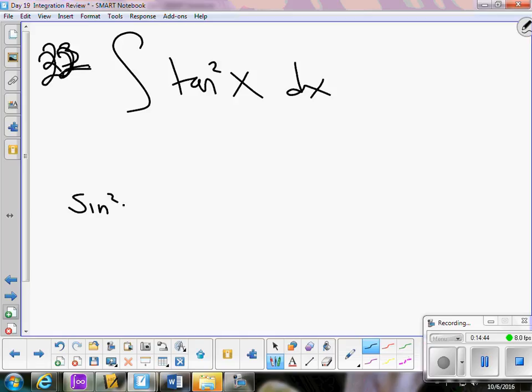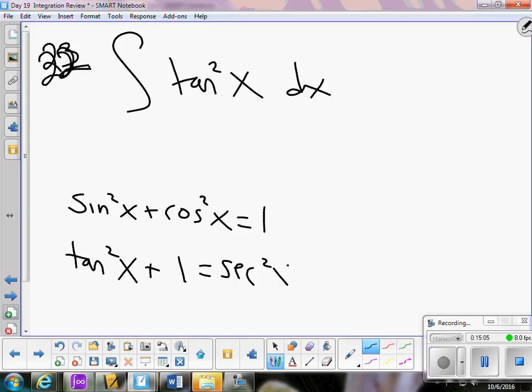Remember sine squared x plus cos squared x equals 1. If I want to get tan squared, what would I divide through by? Cosine squared. So if you divide every term by cosine squared, you'll have tan squared plus 1 equals secant squared. So we can see that we divided every term of the original Pythagorean trig identity by cosine squared, and we got this one.